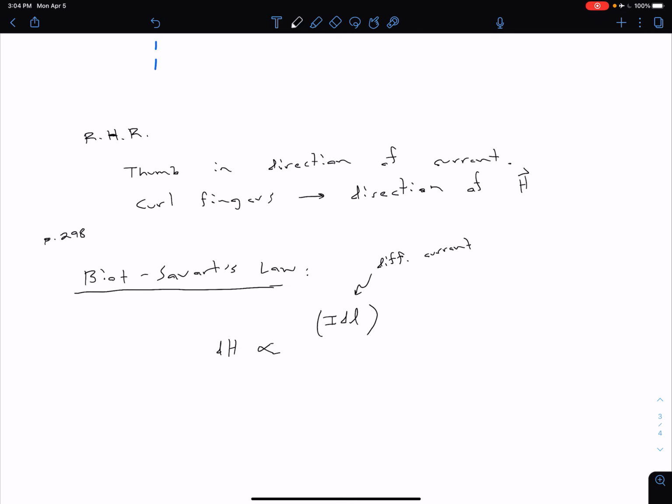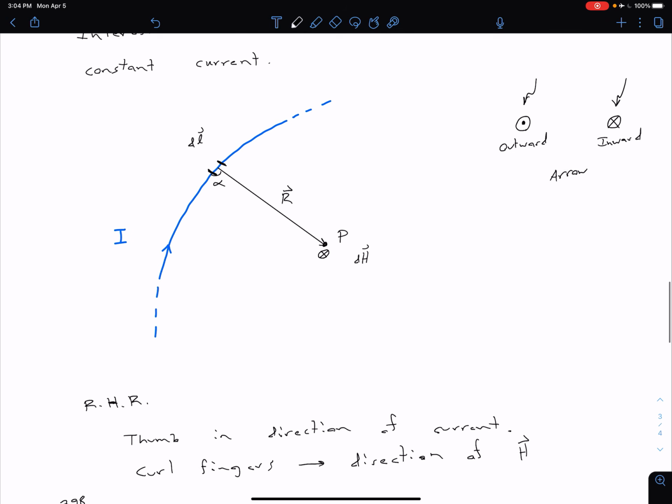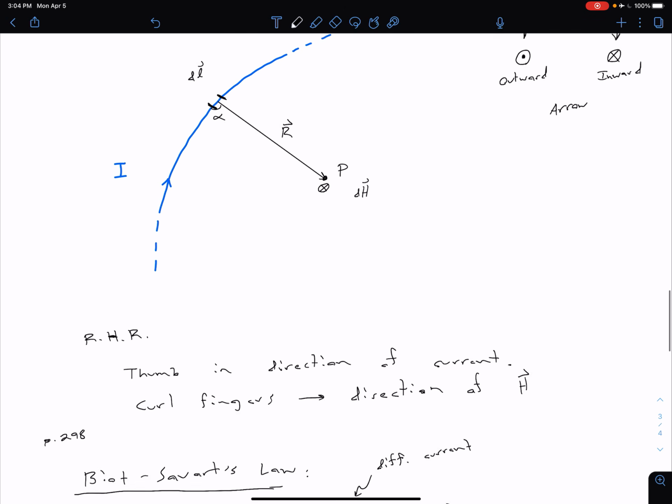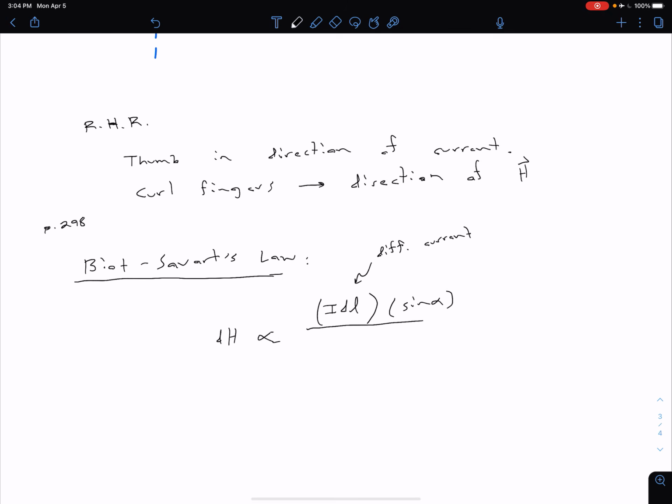It's also proportional to the sine of the angle alpha, which is made between our R vector and the path of the current. And it's inversely proportional to the square of the distance between our point of observation and the filament, so we have divided by R squared.